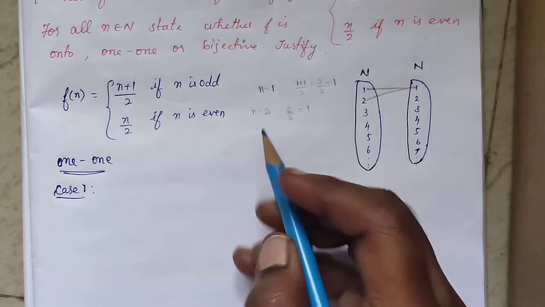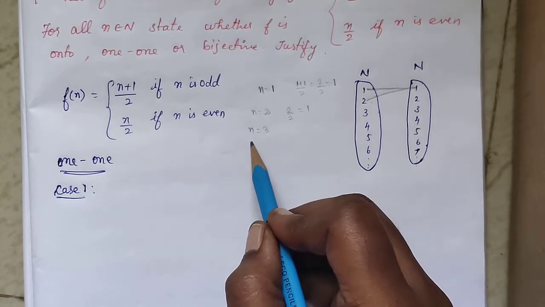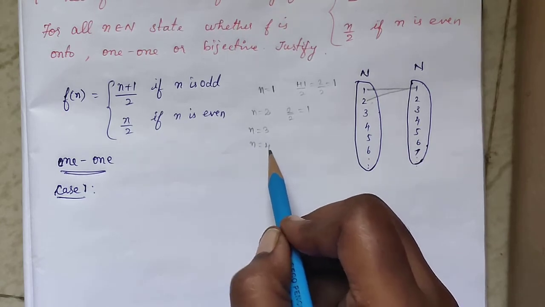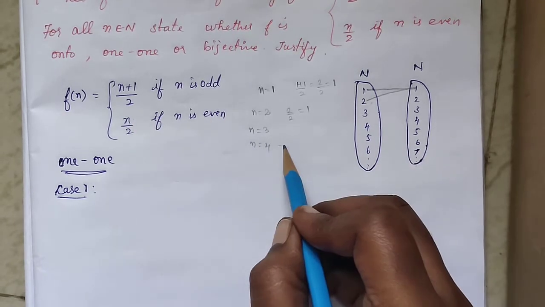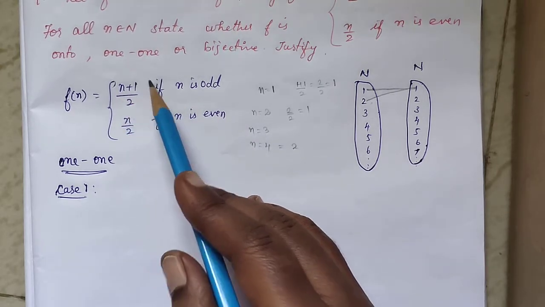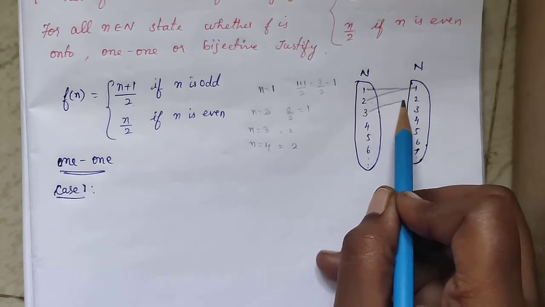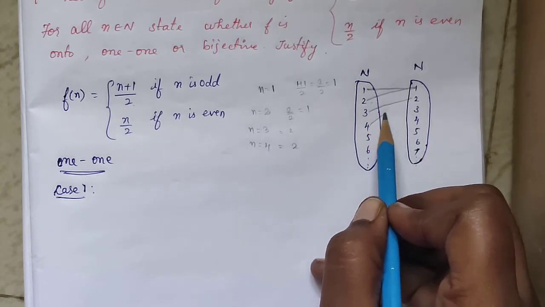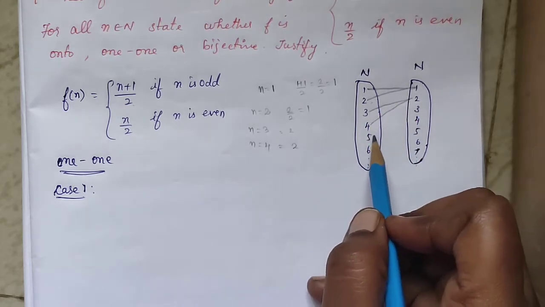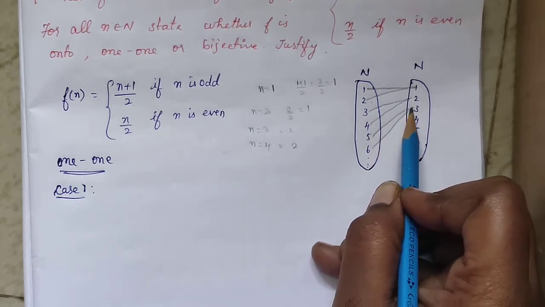Now check another pair. Let us take n equal to 3 and n equal to 4. n equal to 4 means 4 by 2, the answer is 2. Now n equal to 3 means 3 plus 1 is 4, 4 by 2, again it is 2. So for 3 it is 2, and for 4 also it is 2. Then 5 will be 3, and 6 also gives 3.